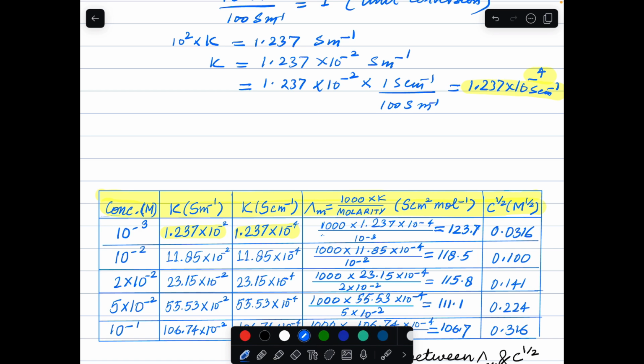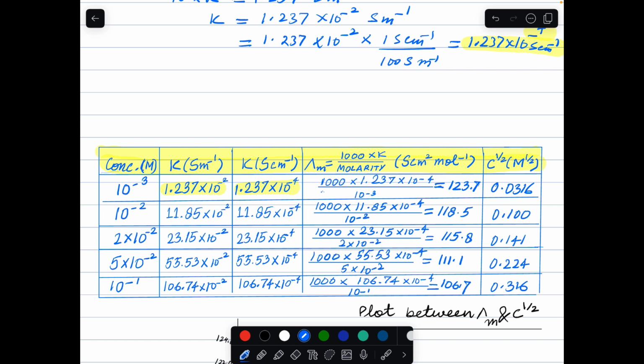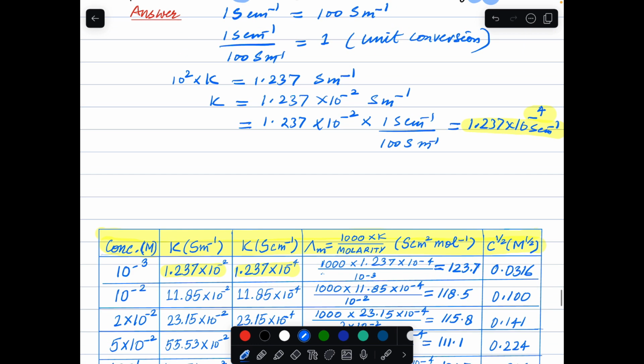In the same manner, we will convert all the values into the form we require. One example, the first value, I have shown to you. Now, for calculating the molar conductivity, because we have the next column of molar conductivity, it is calculated by the formula 1000 into conductivity divided by the molarity.